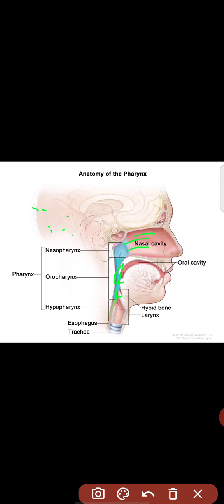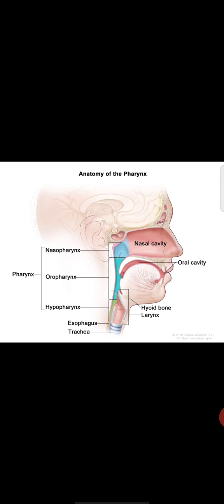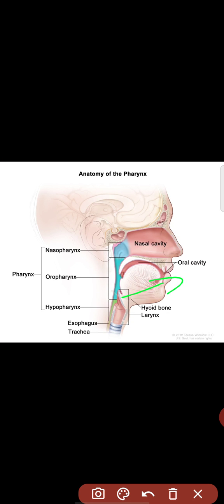It prevents the entry of food into the respiratory system. Oropharynx has the epiglottis part; here you can see it is the epiglottis. It is the epiglottis that closes the respiratory system and provides a pathway for the food to go directly into the esophagus, not into the respiratory pathway.